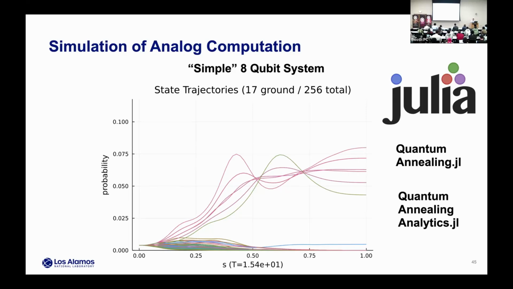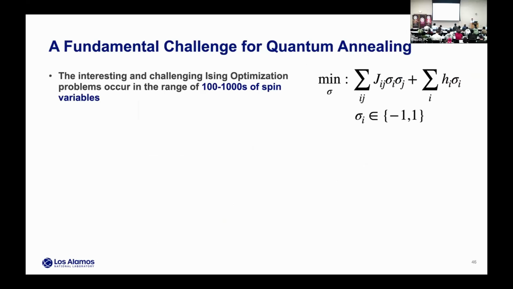And you can look at arbitrary analog control functions and different weird Hamiltonians, and see what happens to the state evolution over time. You can get some really crazy pictures like this one, where there are 17 ground states all oscillating, competing for who will have the probability mass. So we built these software packages. If you think this is interesting, I would check it out and play with them.